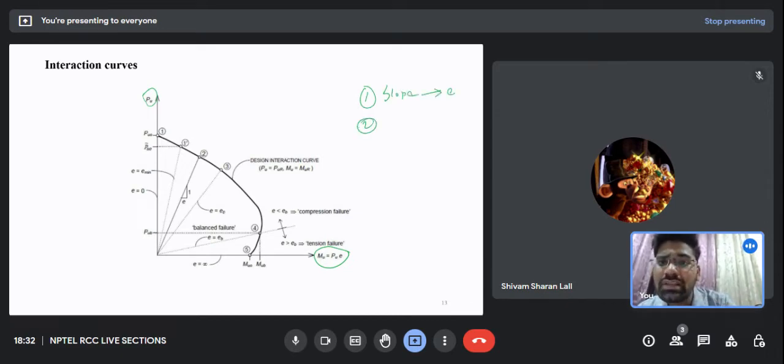Second important point is, we have force on the y-axis and moment on the x-axis. Now see, on the y-axis, if you look at point number one, any structure which has purely axial load, then point number one will indicate a column with pure axial load.